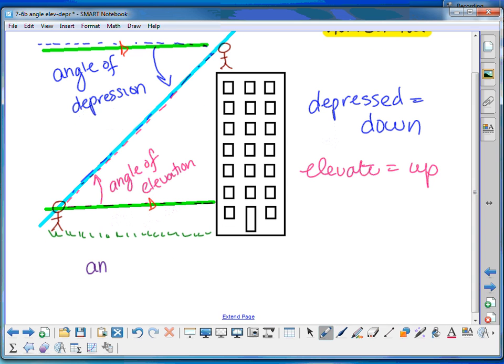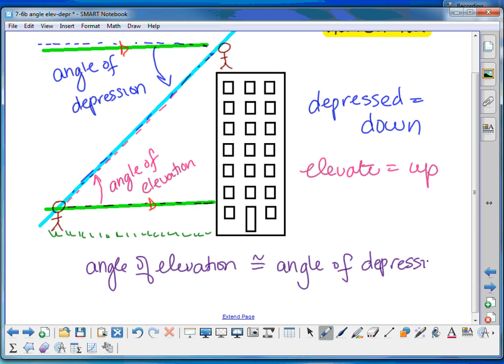So the angle of elevation is congruent to the angle of depression. That's also important to remember.